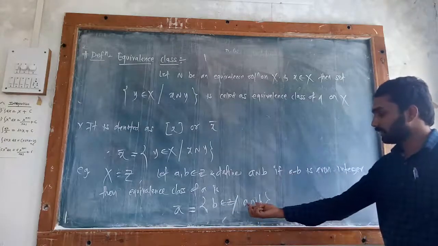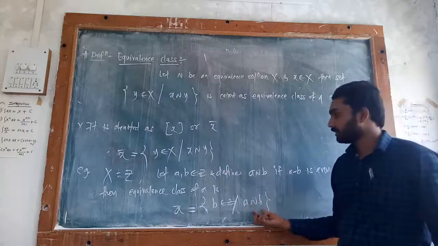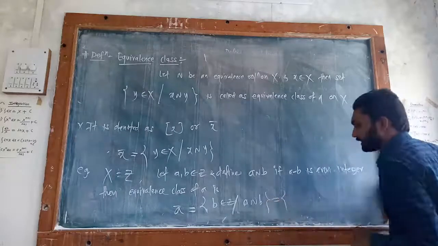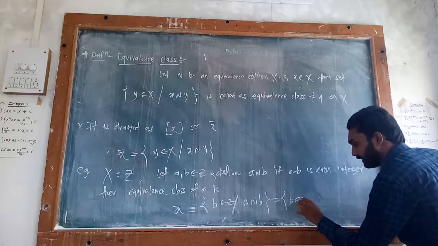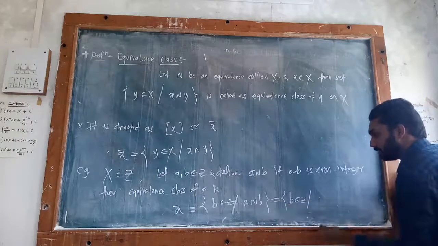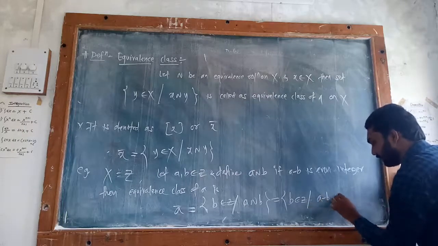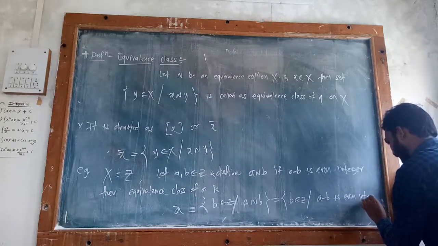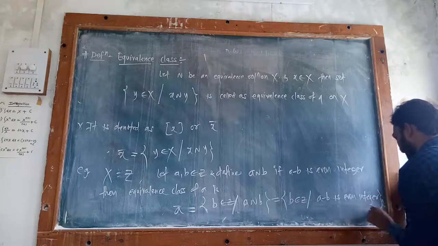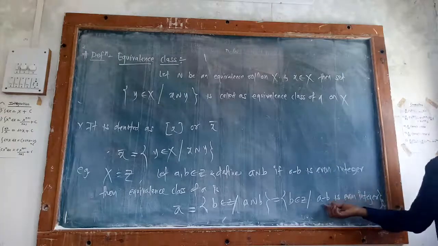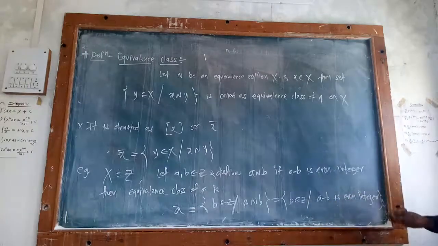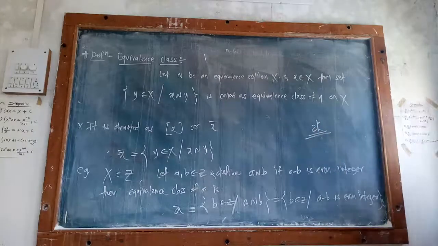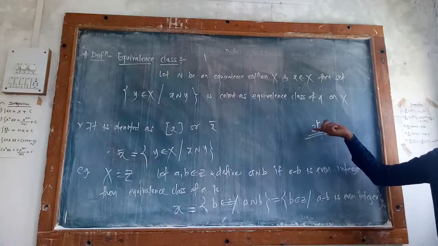Now already we have given what is my A equivalent with B. A equivalent with B means A minus B is an even integer, right? So this is the collection of all the integers B such that A minus B is an even integer, right? Now we know that any even integer is of the form 2k, that is a multiple of 2.